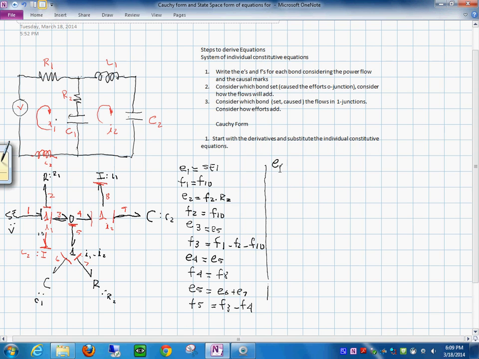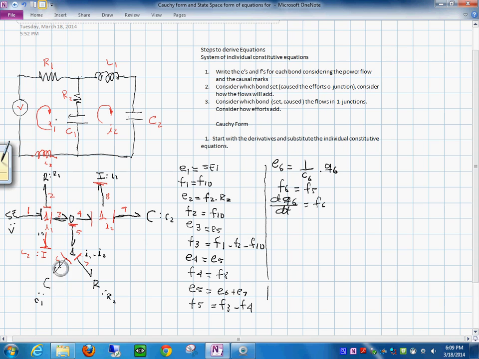This would be E sub 6 is equal to what? 1 over C sub 6 times Q sub 6. F sub 6 is equal to F sub 5. And dQ sub 6 dt is equal to F sub 6.